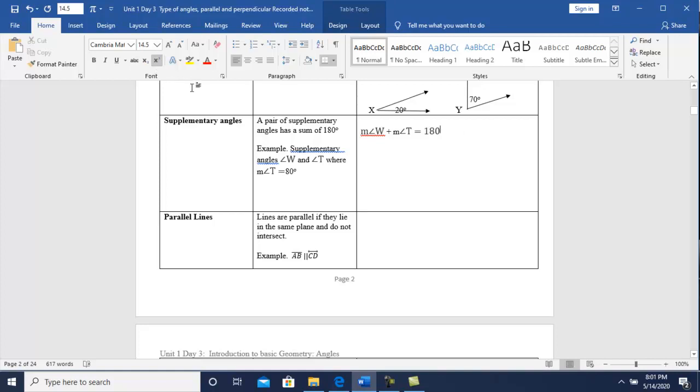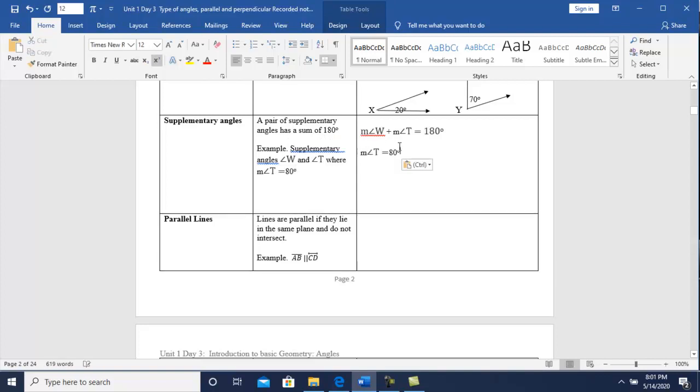Okay, what do we know? In the question, they're telling us that the measurement of angle T is 80. We don't know what W is, but we know that T is 80.